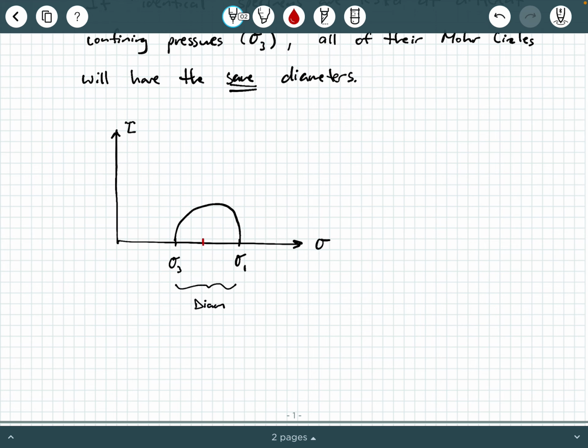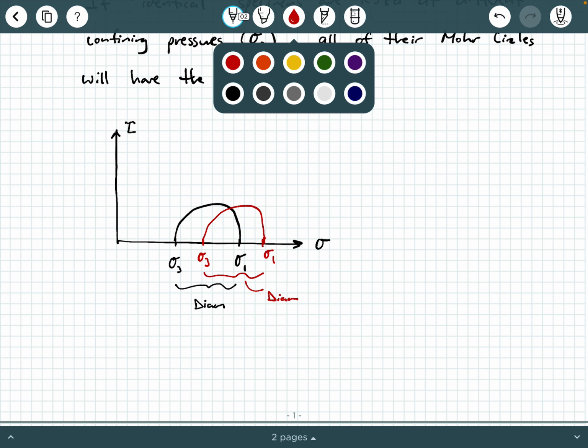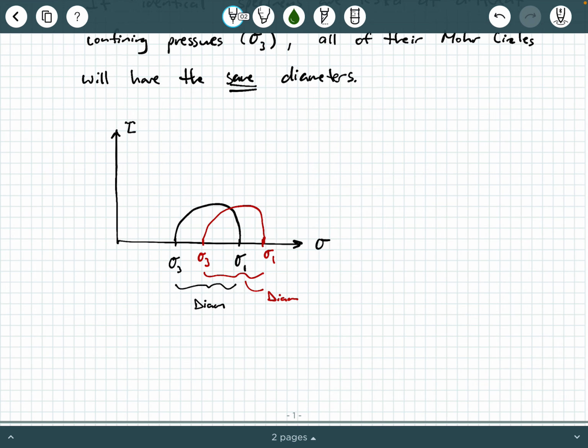And let's say you apply a different sigma 3 value, and you fail it again, and you grow this other Mohr circle right here, sigma 1, this diameter will be the same. These two diameters will be the same. So it turns out that for a UU test, all Mohr circles on a given set of identical specimens will have the same diameter. They're just kind of shifted around relative to one another, okay?